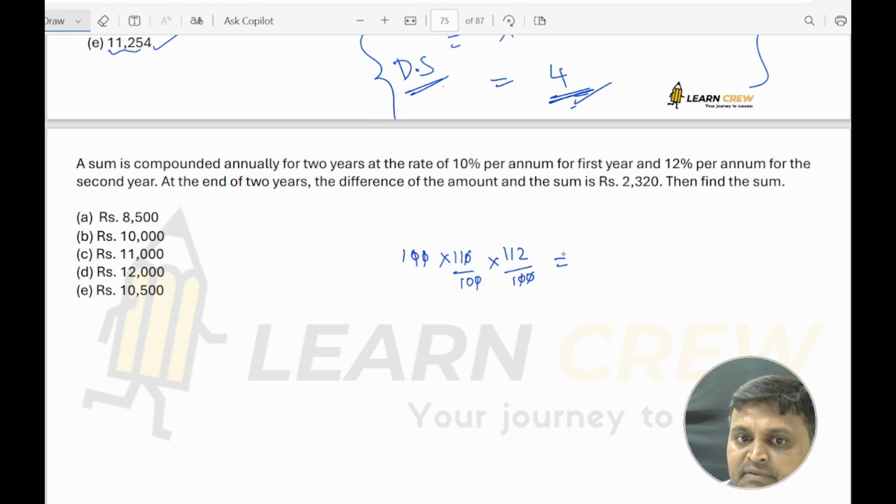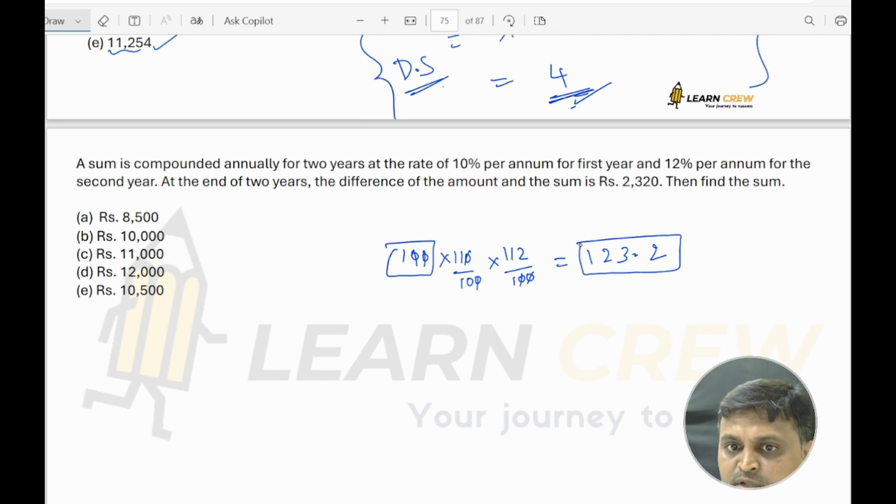So 112 into 11: 2 plus 0, 2, 2 plus 1, 3, 1 plus 1, 2, 1 plus 0, 1. So 1232 by 10, 123.2. So the 100 principal is going to become 123.2, so you are paying an extra amount of 23.2, which is the interest.